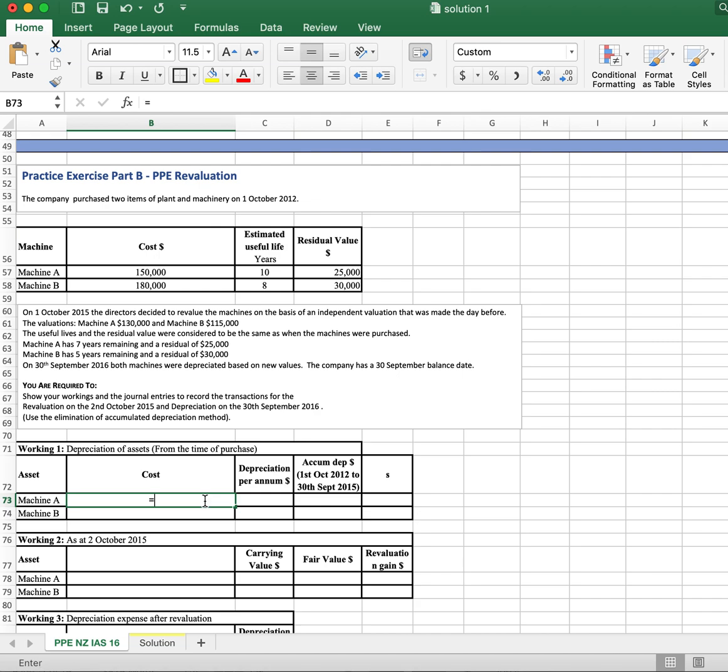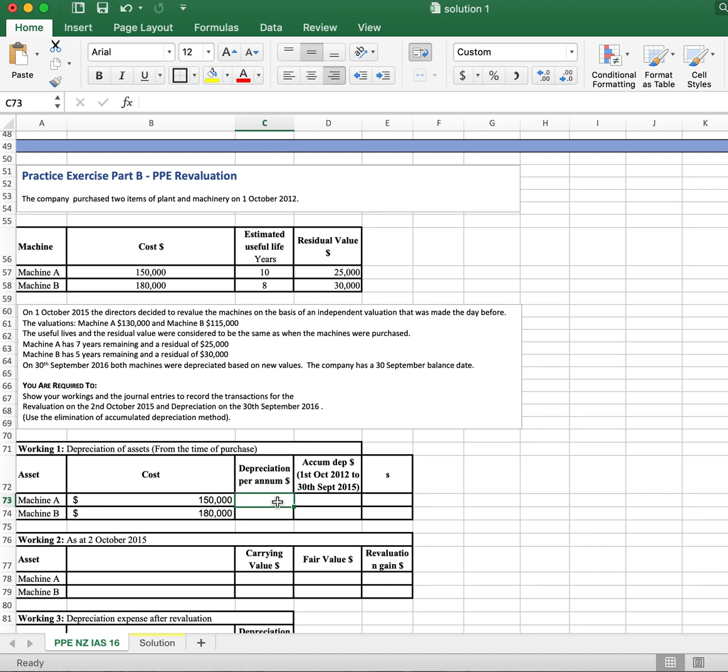So we know that the cost of machine A is 150, and we know that the cost of machine B is 180, so we're good with that, okay? We're told that machine A has got 10 years useful life with a residual of 25.